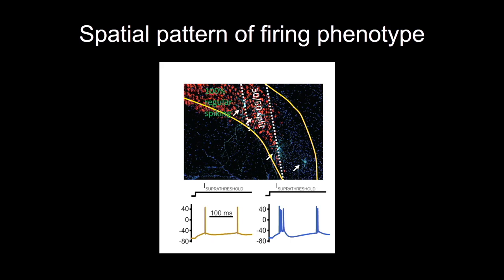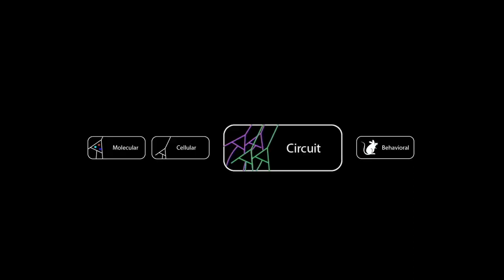There was a narrow, about 200 micron stretch where we saw about a 50-50 split of regular spiking and bursting cells. This is the same area with which we saw some mosaicism of our marker gene expression. And then beyond this divide, all cells that we recorded from were 100% bursting. So the spatial organization that we identified at the transcriptomic level maps on to the heterogeneity we see at the cellular level.